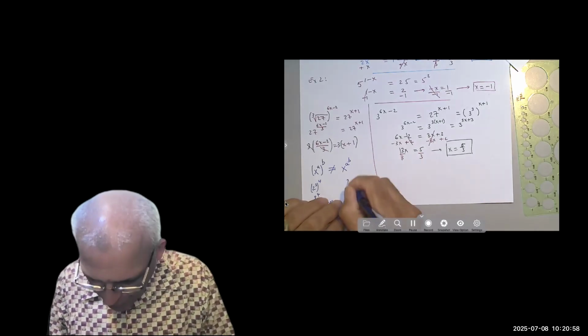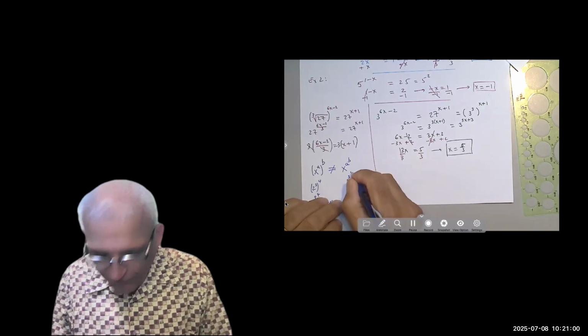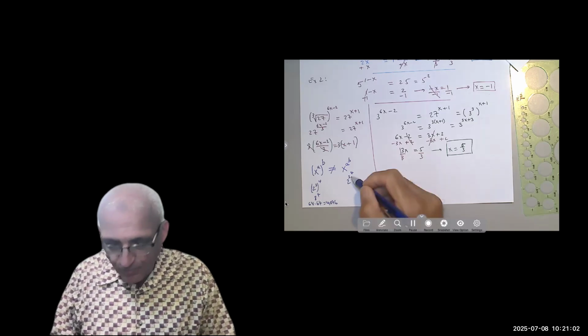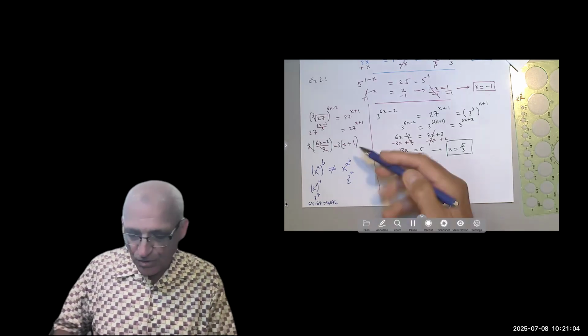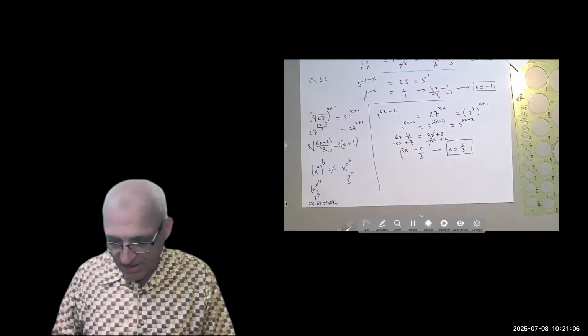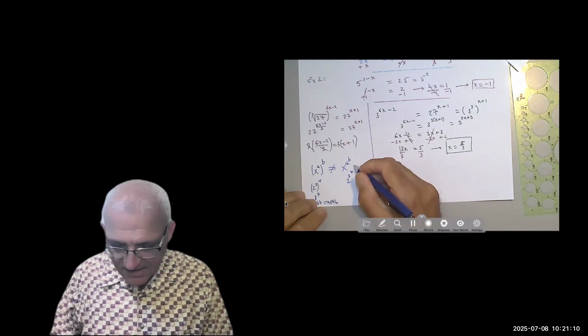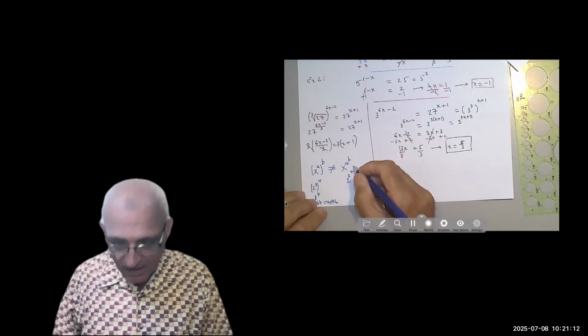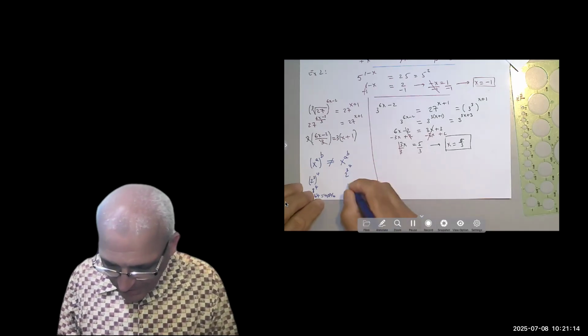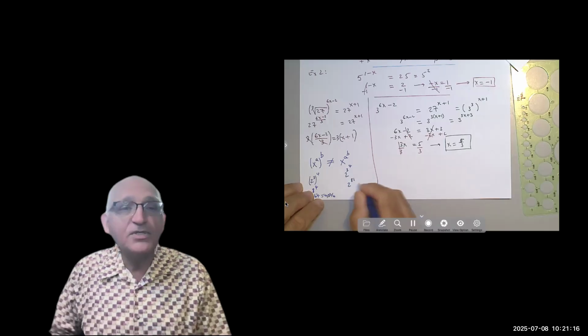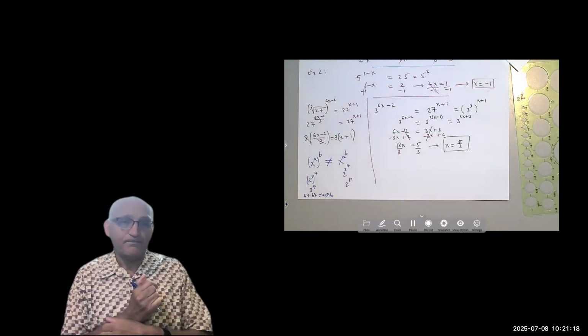But 2 to the 3 to the 4 means you have to perform the outside first. We usually go from top down. So 3 to the 4 is 81, and this number is humongous.